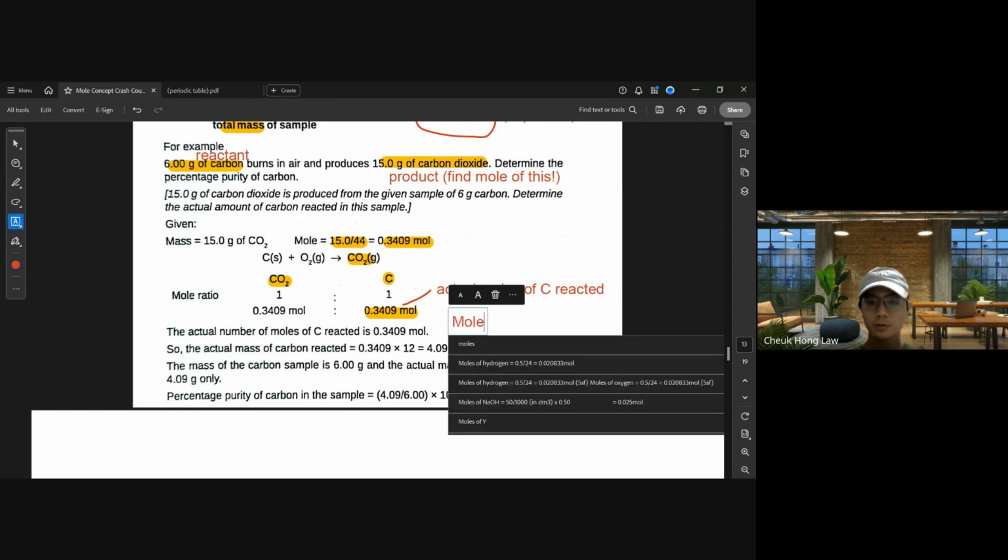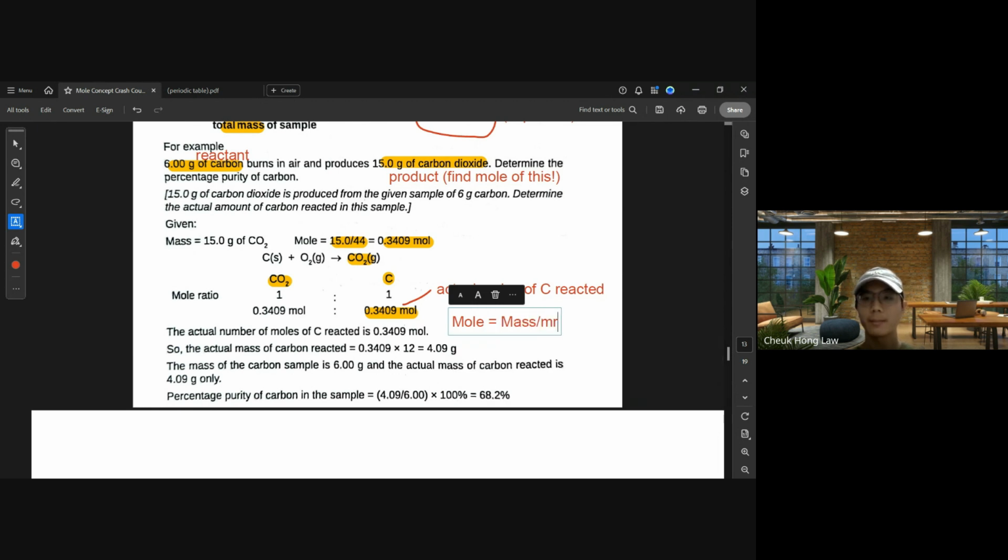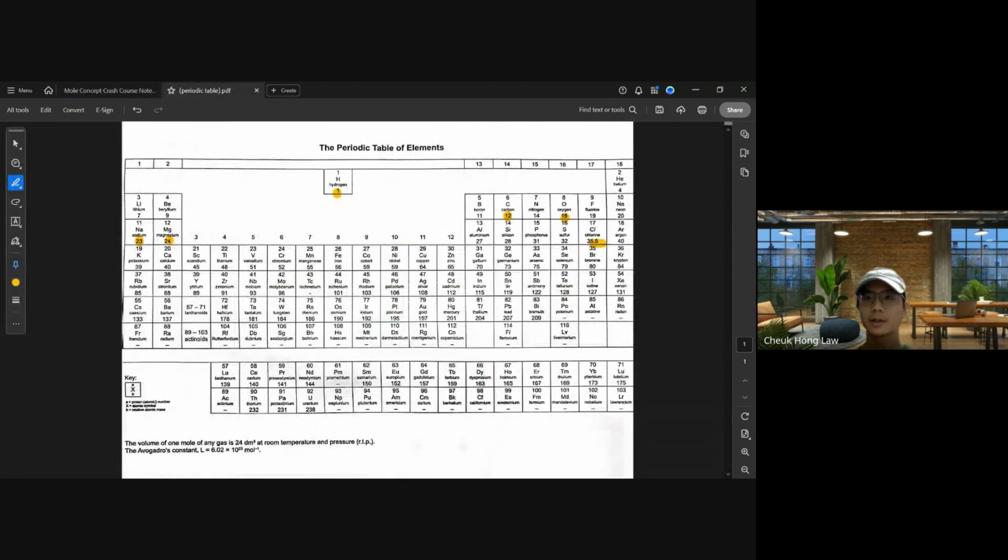So mole equals to mass divided by MR, correct? That means mass equals to mole times MR. Okay. What is the mole of carbon? 0.3409. Then what is the MR of carbon? It is 12.